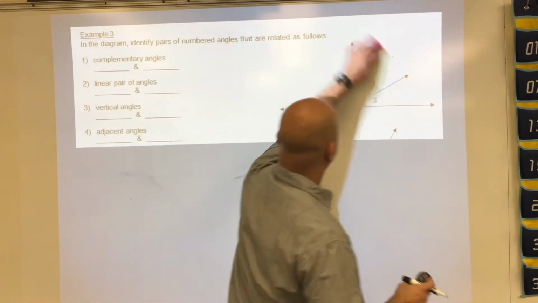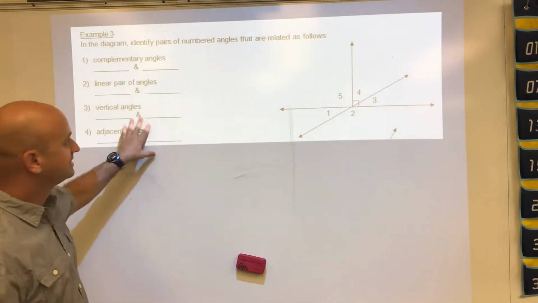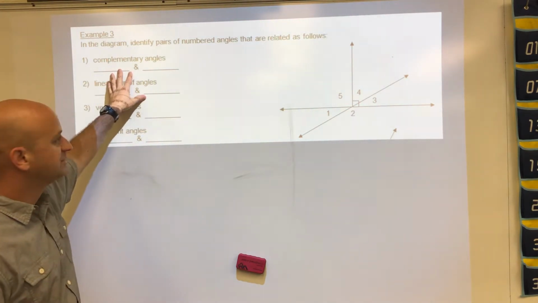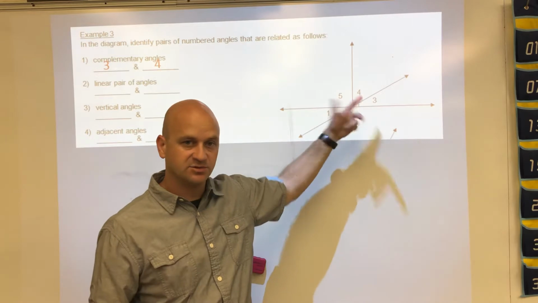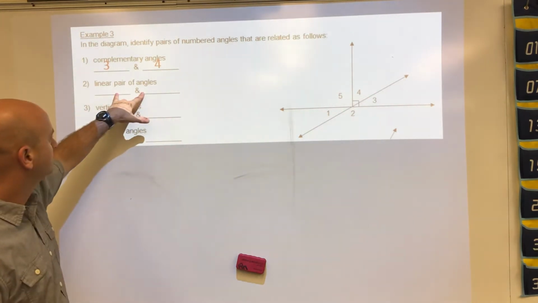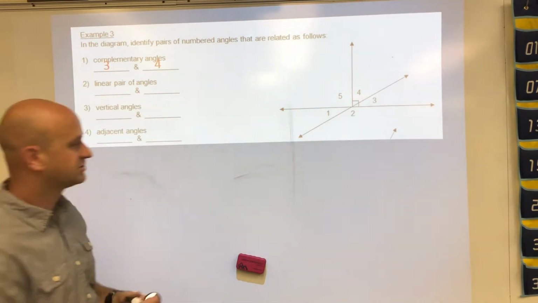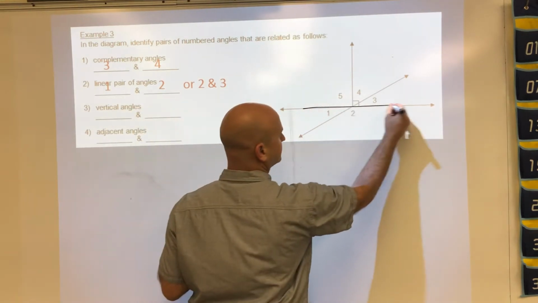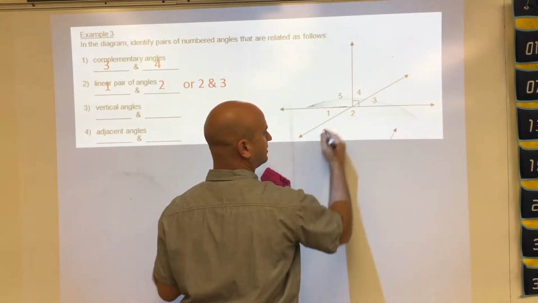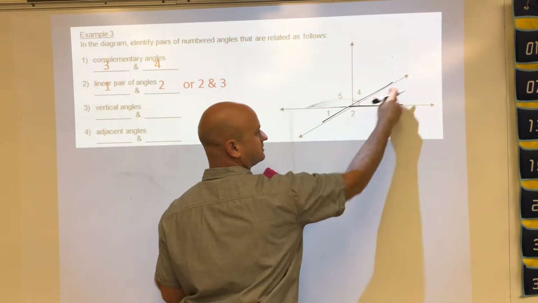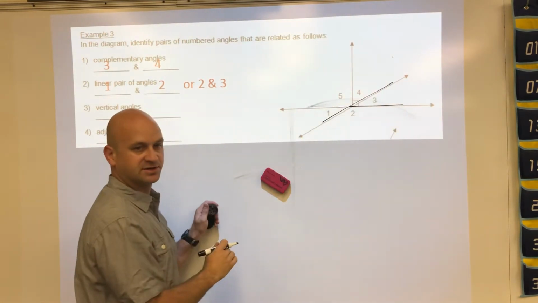All right? So here's a type of problem just in identifying types of angles. So complementary angles in this problem are going to be 3 and 4. Because they give us the symbol, we can conclude that. A linear pair are two angles that are going to make a straight line. So one pair is this, angle 1 and angle 2. Another pair is angle 2 and 3 because they make a straight line.